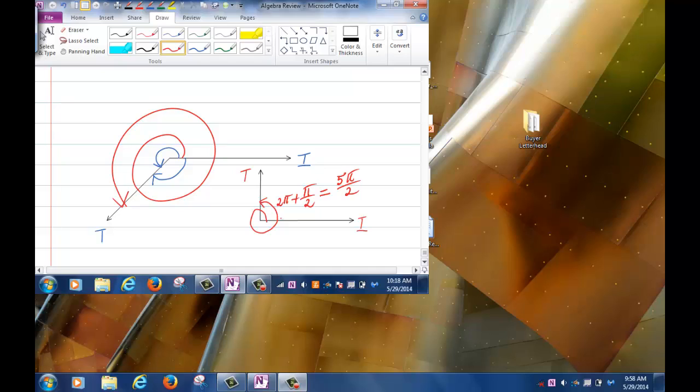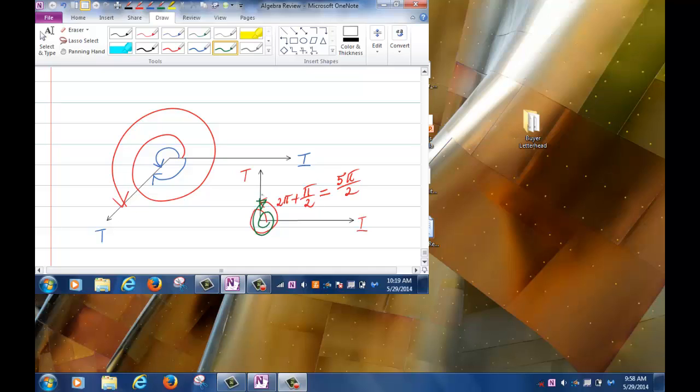But another thing I could have done is go in the clockwise direction, right? If I go clockwise, let's say like this, one complete revolution clockwise, and then I add pi over 2. Is that making sense?